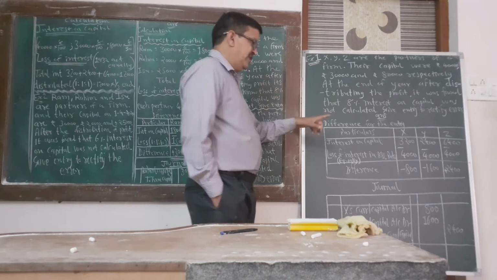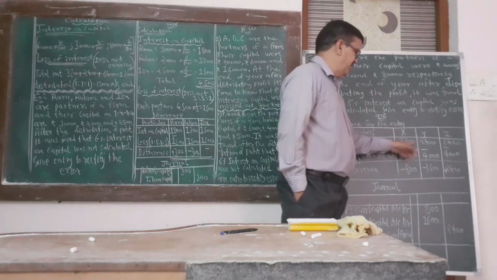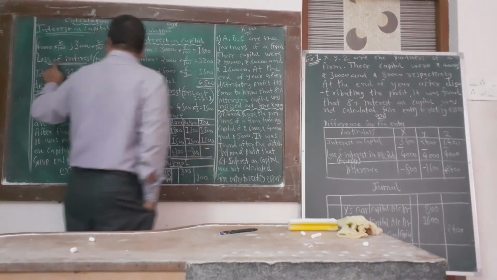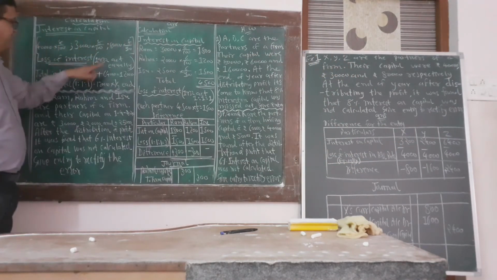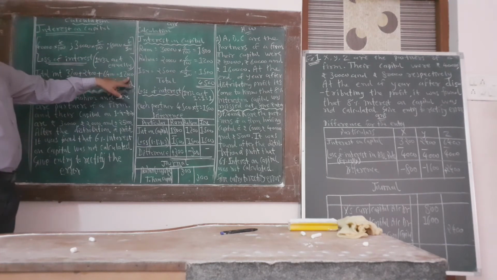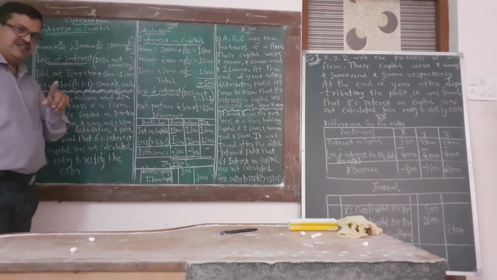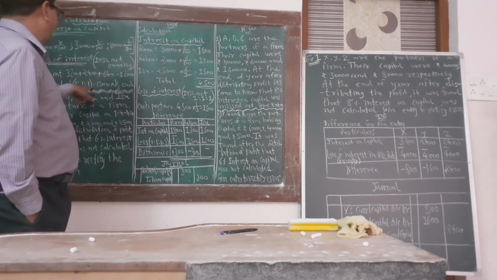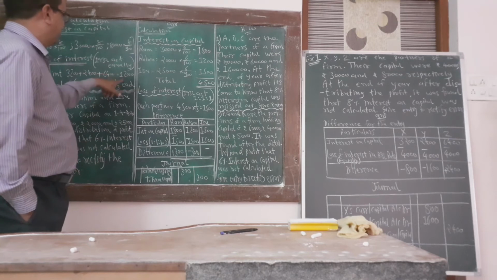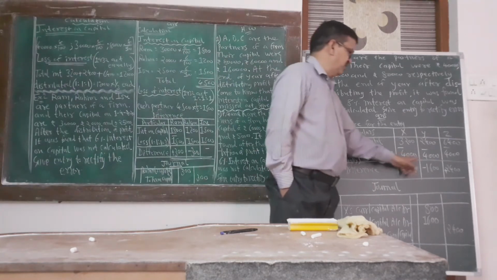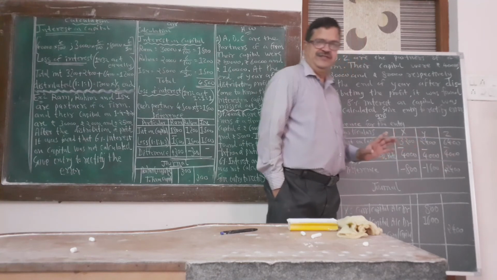So the total loss is 3,200 plus 2,400 plus 6,400, which is equal to 12,000. And the 12,000 loss is distributed equally between all three partners, 12,000 into 1 by 3. So each partner's loss is rupees 4,000, 4,000, 4,000.